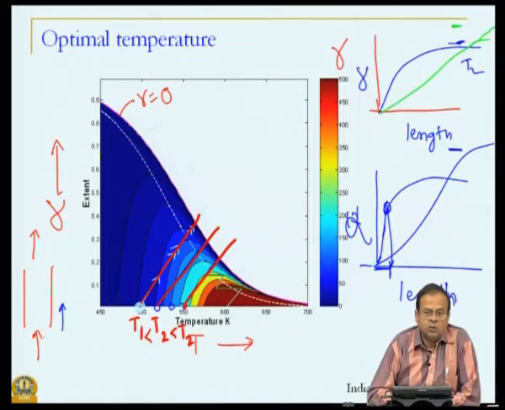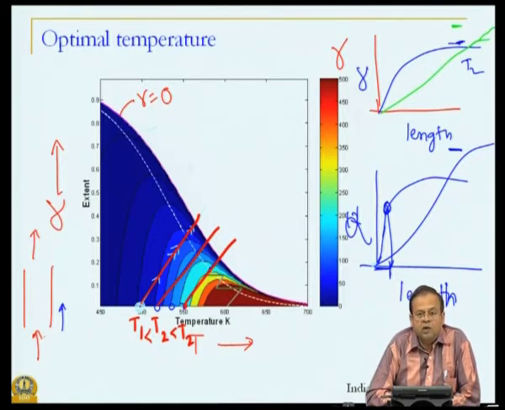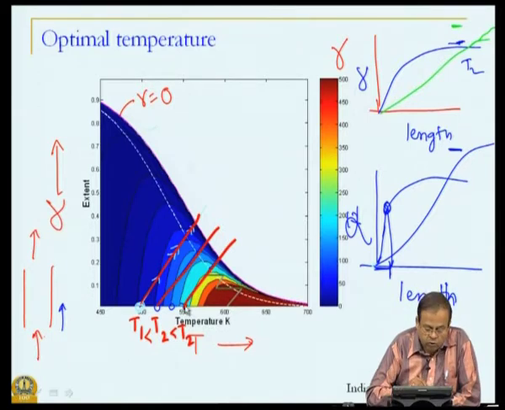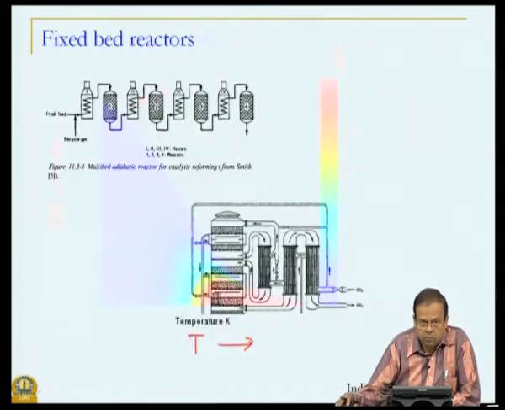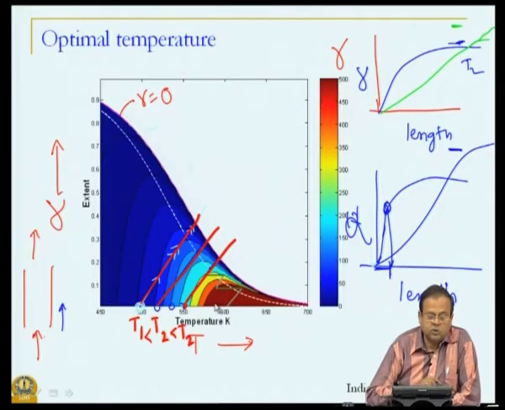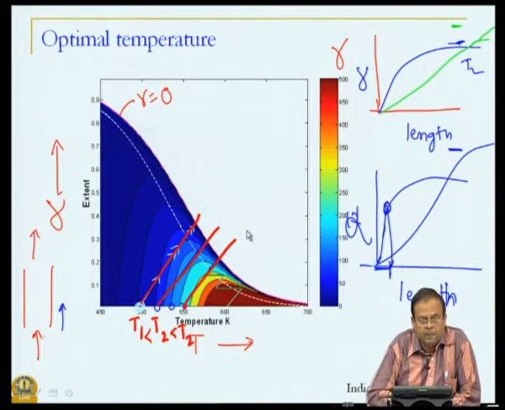Now, what is that clue, or what is that idea? In the starting of the reaction, you are not worried about equilibrium, because you are far away from equilibrium. So, you could afford to start a reaction at a higher temperature, because equilibrium is still far away.